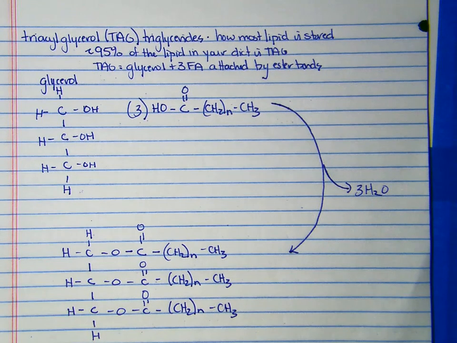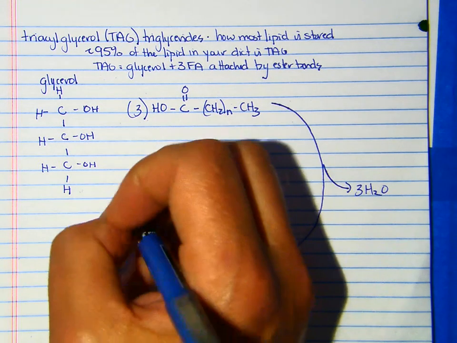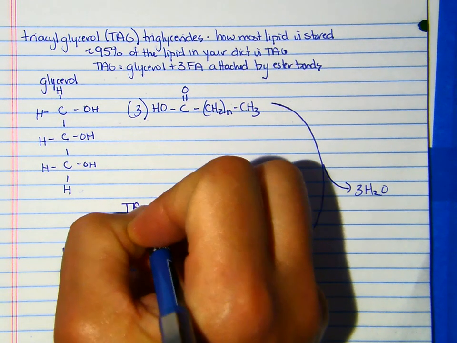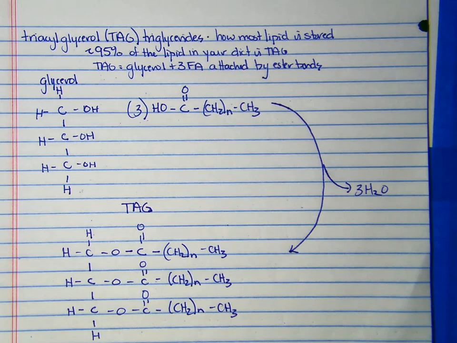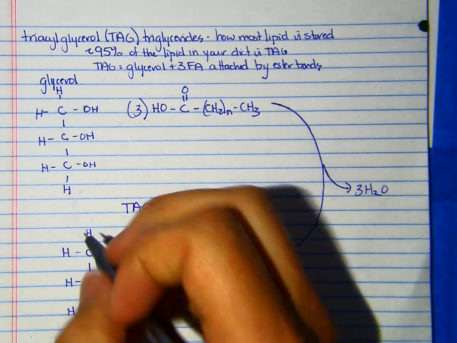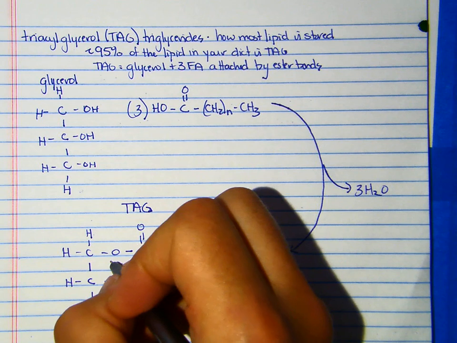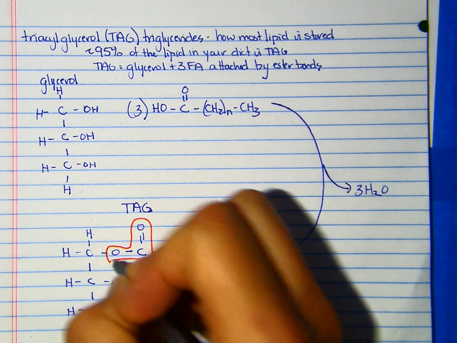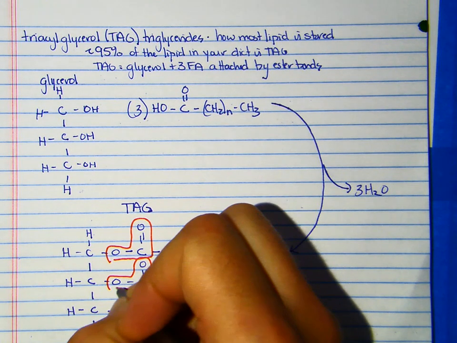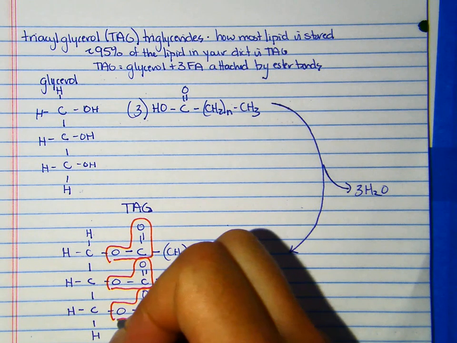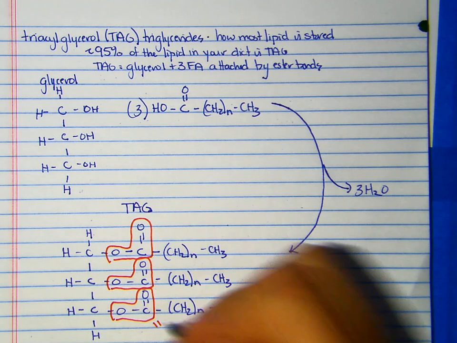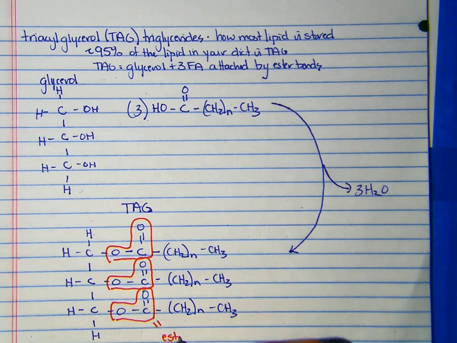Okay, well that's not a complete deal breaker. Looks like that. And so we have our 3 fatty acids on there. This is now a TAG. And so with our TAG, we have 3 ester bonds.